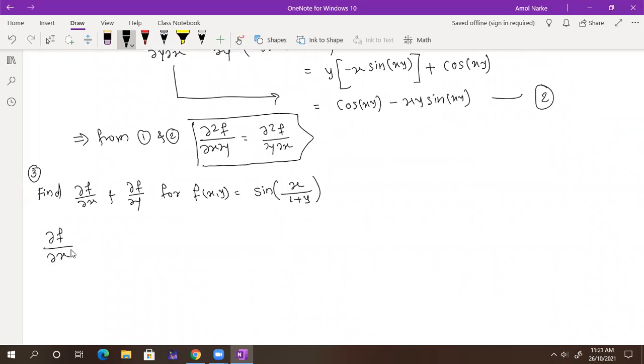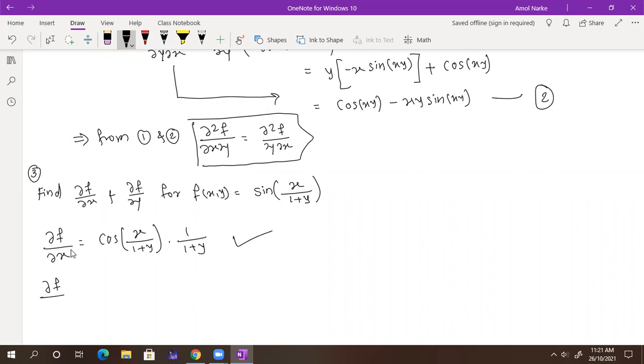So you are saying del f by del x. Yes, because if y is constant, we will differentiate only x inside the sine term. So cos x into 1 by 1 plus y. Absolutely correct.